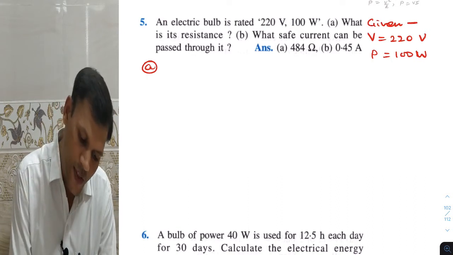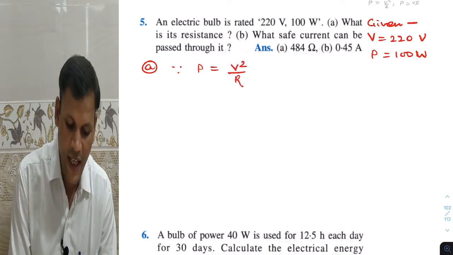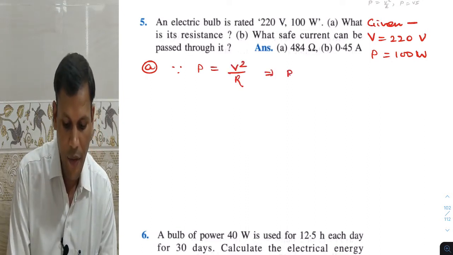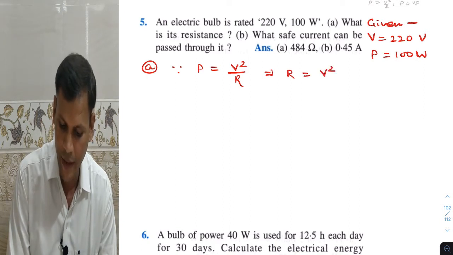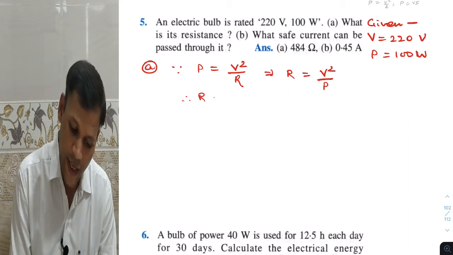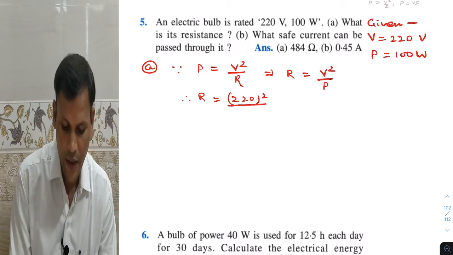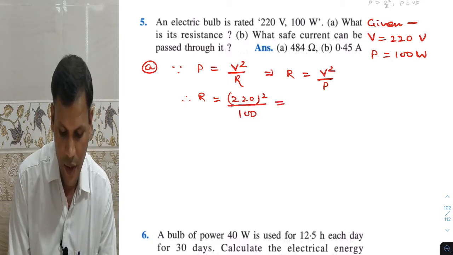So we know since power rating P is V square by R, so resistance R will be V square by P. So R will be V square, V is 220, that whole square, upon P is 100. So 220, that is 0 0.